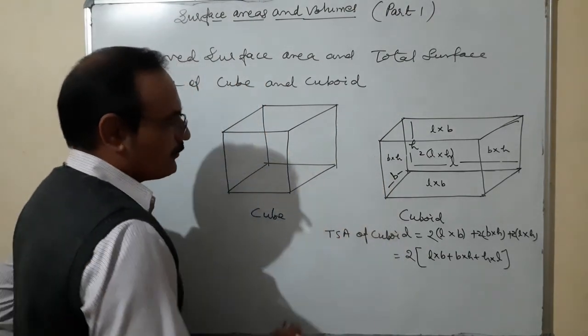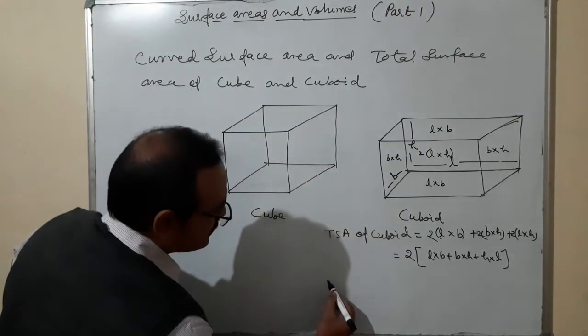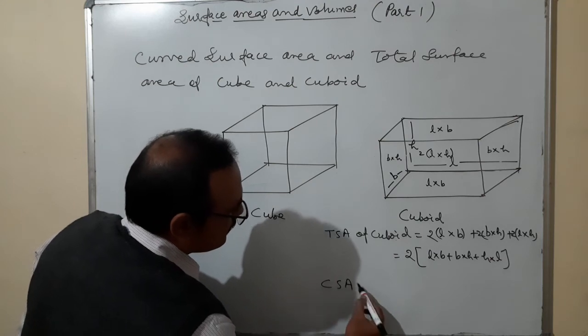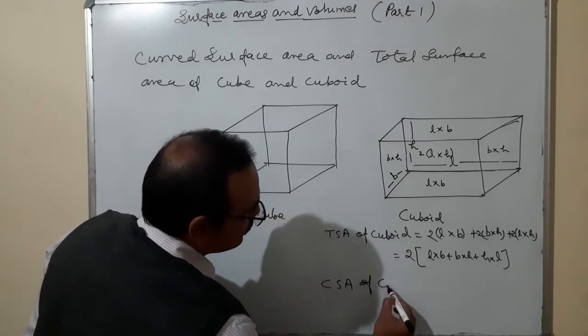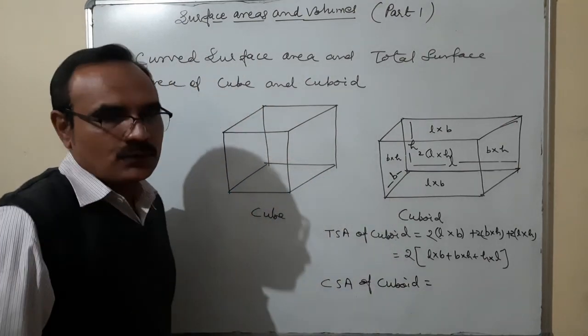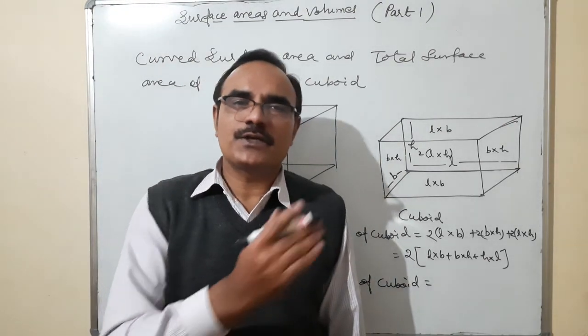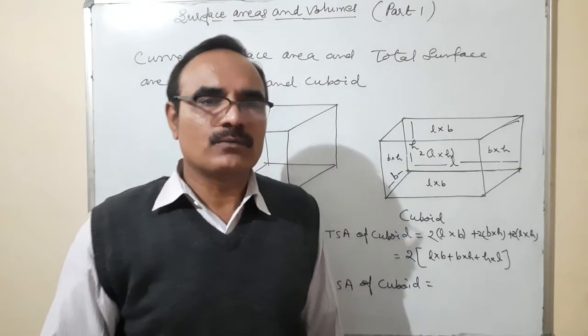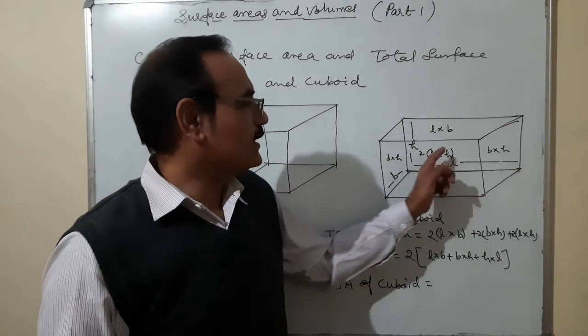Here, if I am talking about curved surface, CSA, curved surface area of cuboid. What is it? As I told you, when we are talking about the curved surface, we are talking about only the area of 4 walls.